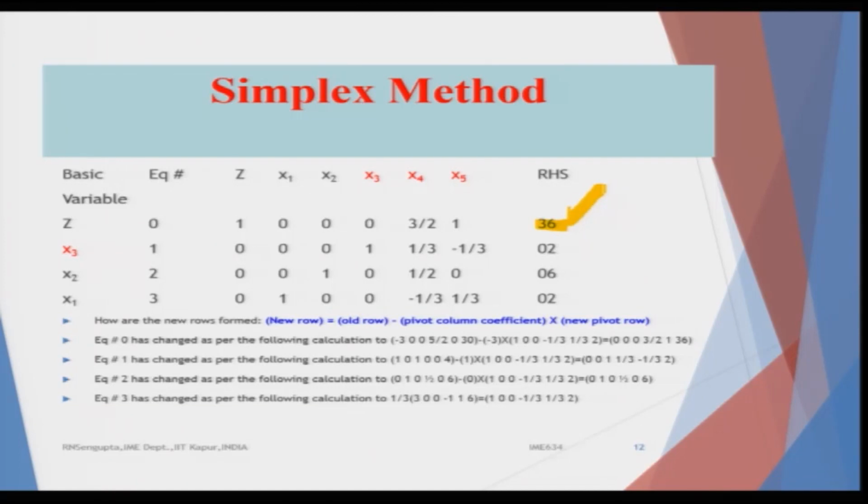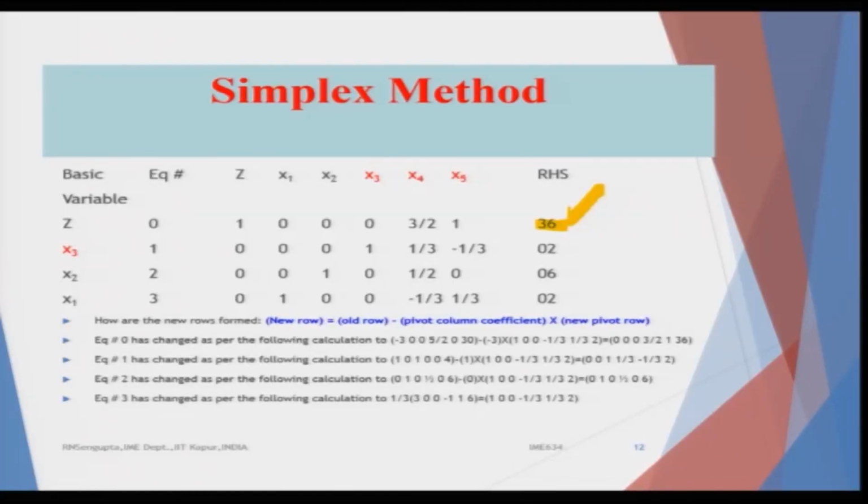That means we have moved from the second stage to the third stage, the corner points, where the coordinates are now x1 is 2, x2 is 6, x3 is 2, x4 is 0, x5 is 0, and the corresponding objective function value is 36. Let us check whatever we did in the row column multiplication.